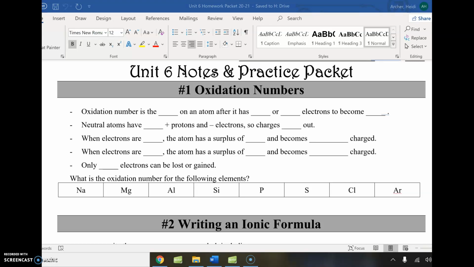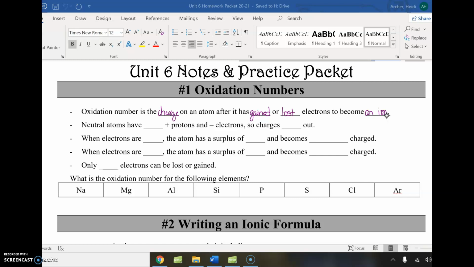So an oxidation number is the same as the charge number, so that is the charge on an atom after it has become an ion, so that's when it has gained or lost electrons to become an ion.